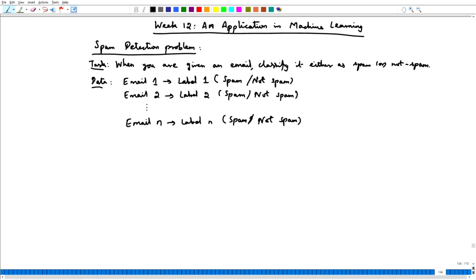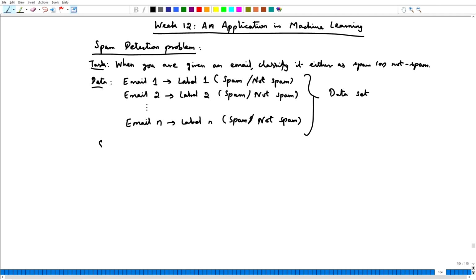So, what you have actually given here is what we call the data set. The data set consists of n data points. We usually write it this way in general. This is for a spam detection problem.